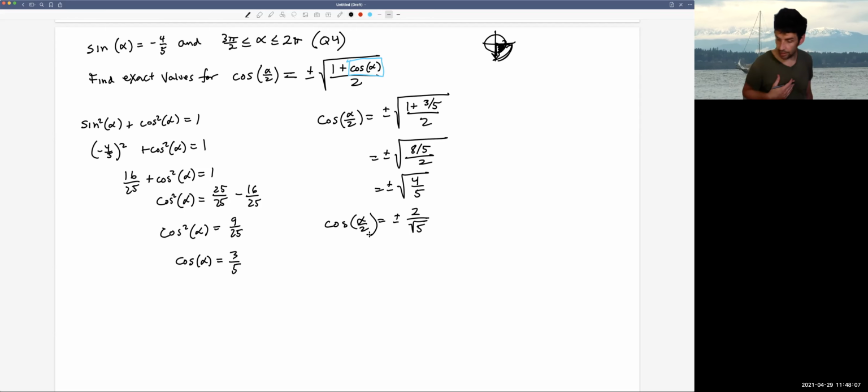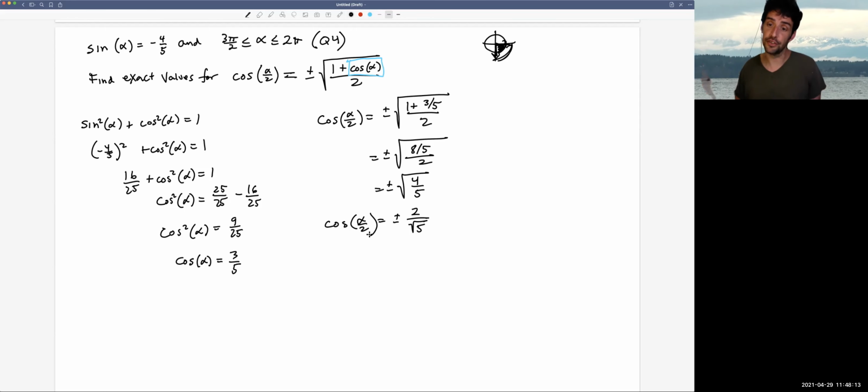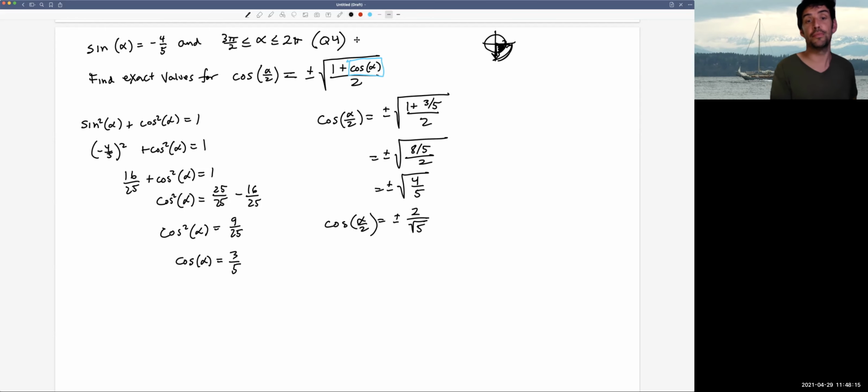Okay, so there are our possible solutions for this. We're going to use this information about the location of alpha to get information about the location of alpha over 2.